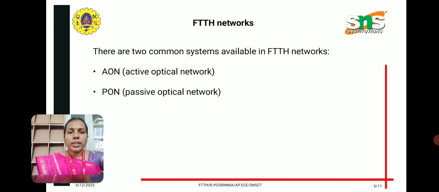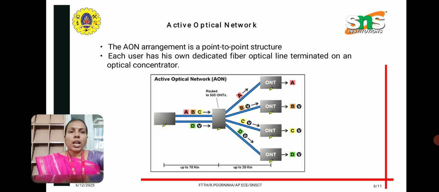And what are the different networks available in fiber to the home? There are two common systems, one is the active optical network and the other is the passive optical network. First, the active optical network. It is arranged as a point to point network structure where we use optical network terminals at different user ends, which are connected to the active network.